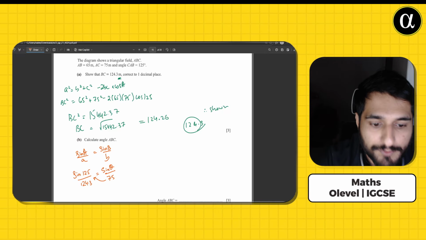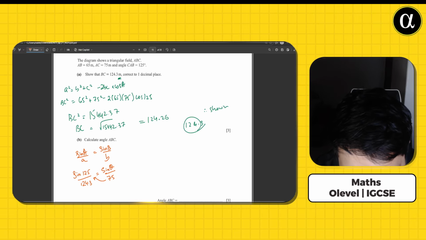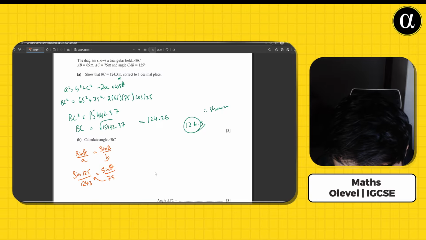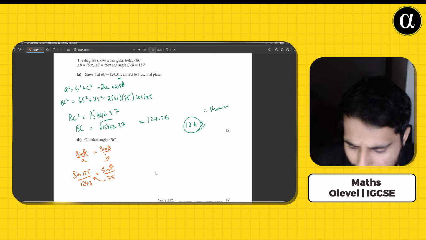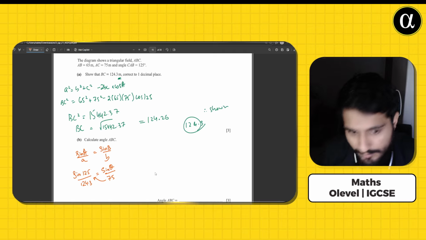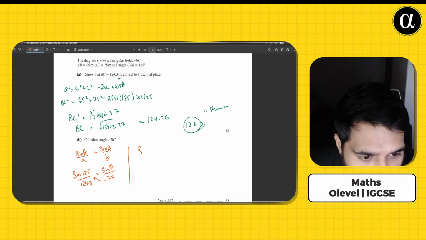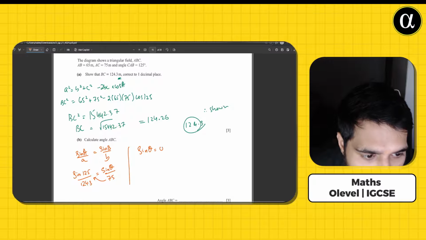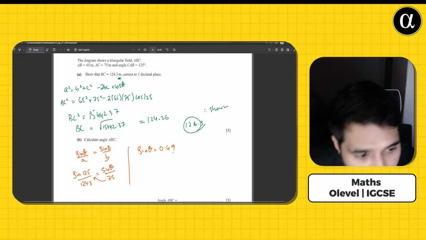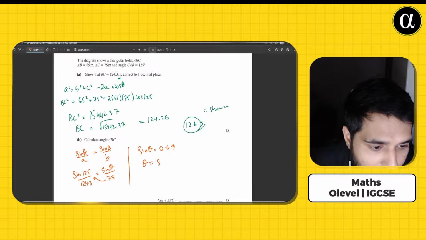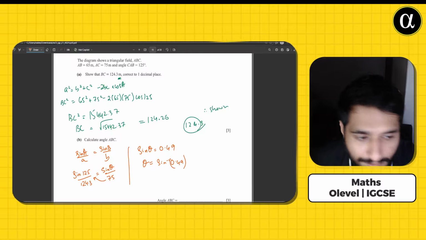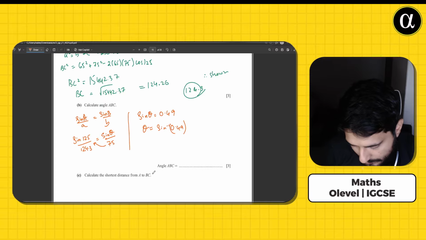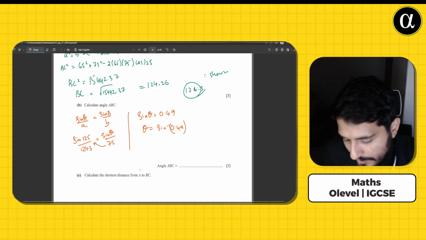When we do that, it's going to be 75 into sine of 125 divided by 124.3, and the answer turns out to be 0.49 for this case. So sine of theta is equal to 0.49, and then we take the inverse of it. Theta is equal to sine inverse 0.49, and it turns out to be 29.62.